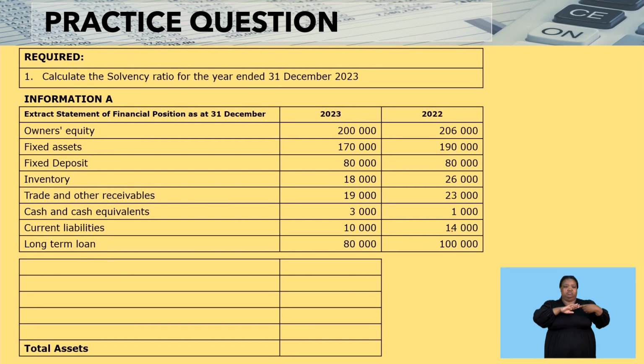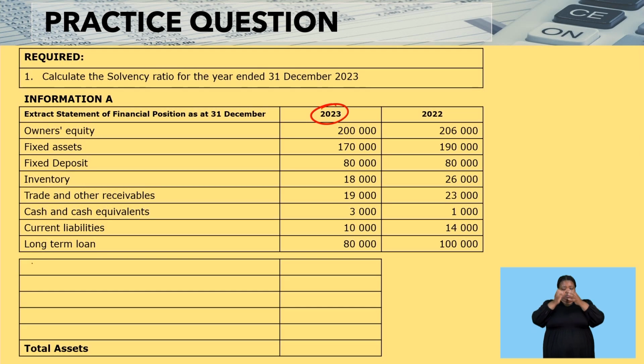Number one says, calculate the solvency ratio. So if we were to do the solvency ratio, we would definitely need to know our total assets. So to begin with, we will come to information A. We need to pick all our assets for the year 2023. So we're focusing on this year.